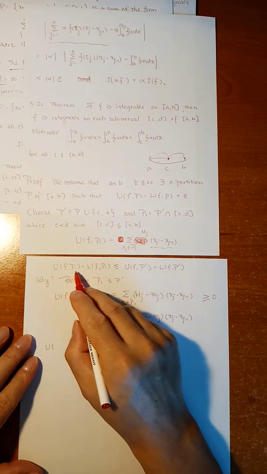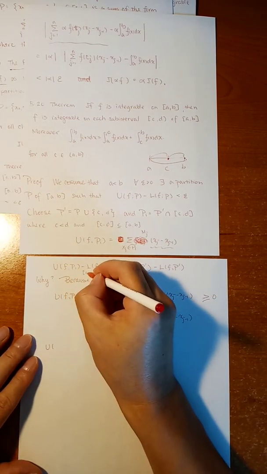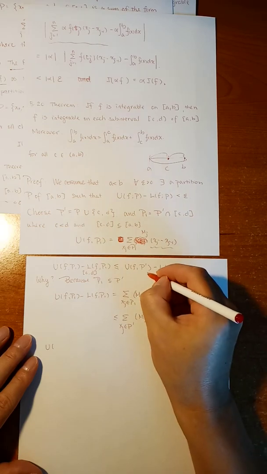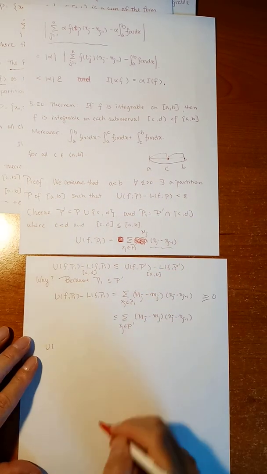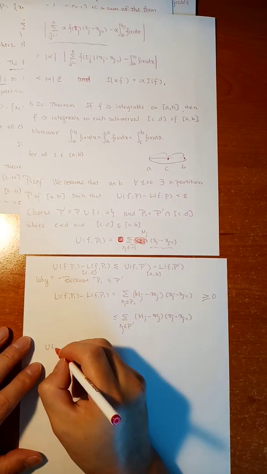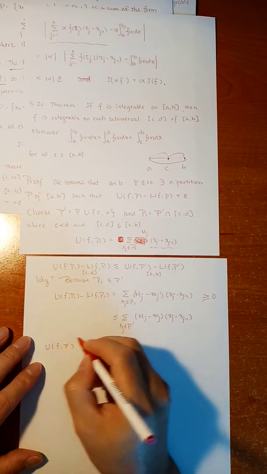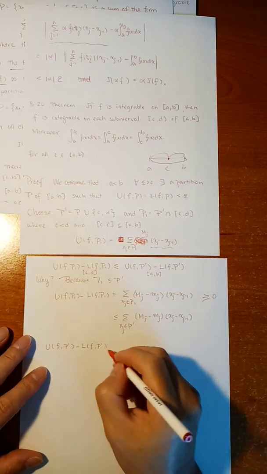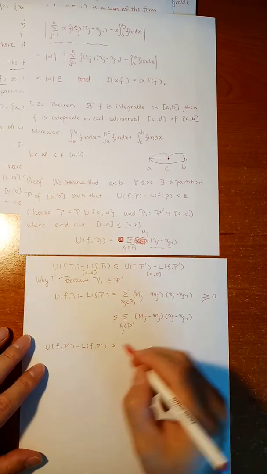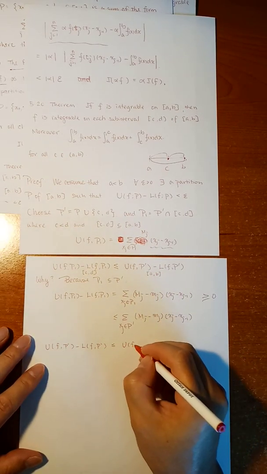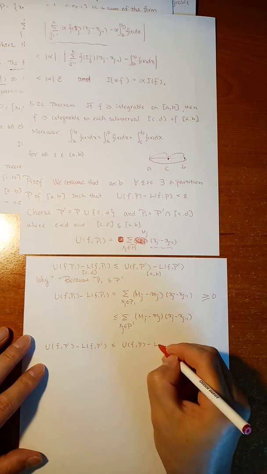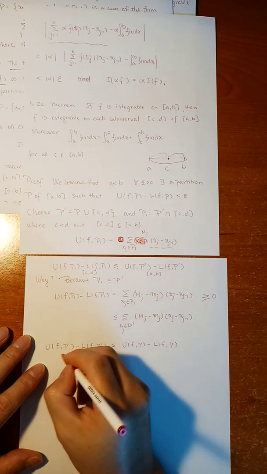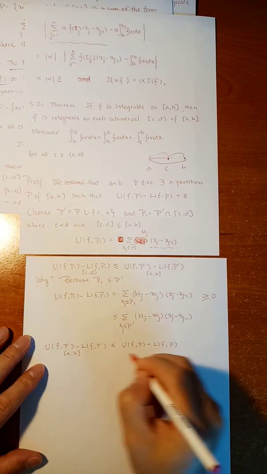And the second: here P1 is a partition over [c, d], and P prime is a partition over [a, b]. And for the partition over [a, b], if you have a finer partition, you have a smaller difference. This is a partition over [a, b], and this is a partition over [a, b].